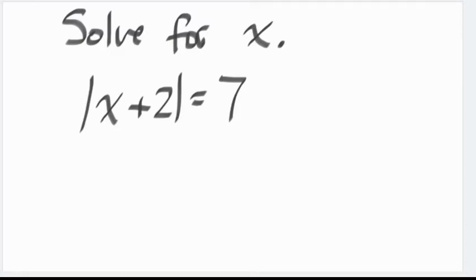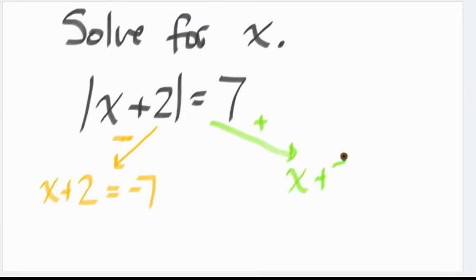But this is where we can use the property of the absolute value, because we know that every absolute value has two different directions that it can go to get 7 away. It can go to the right, which would be a +7. It can go to the left, which would be a -7. So we have a negative version, which would be x plus 2 equals -7, going to the left 7. We also have a positive version, where it's going to the right, so x plus 2 would equal +7.